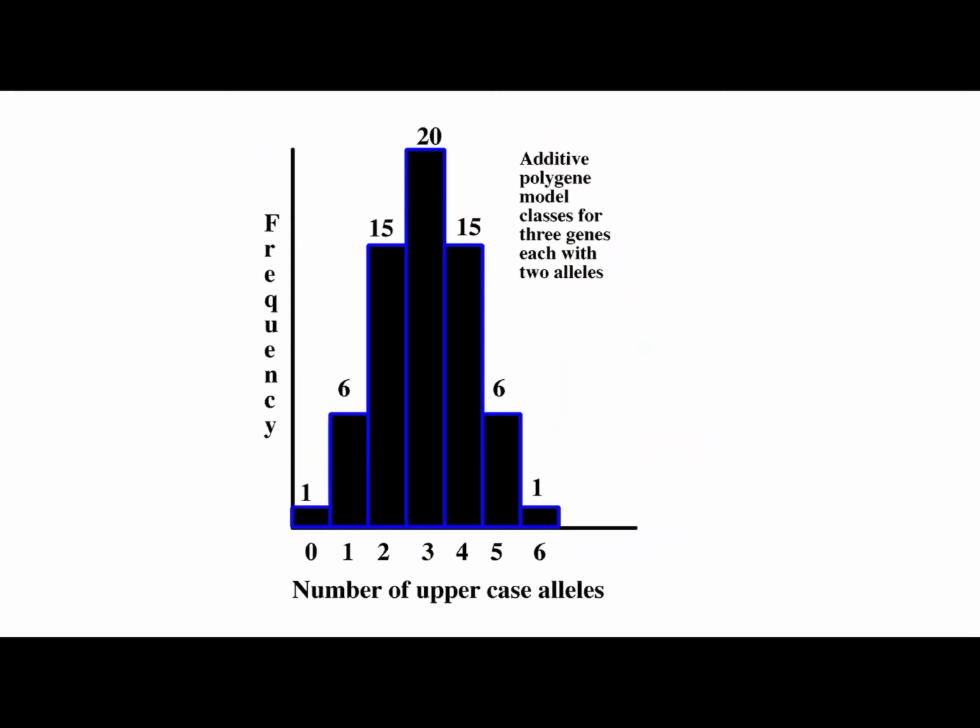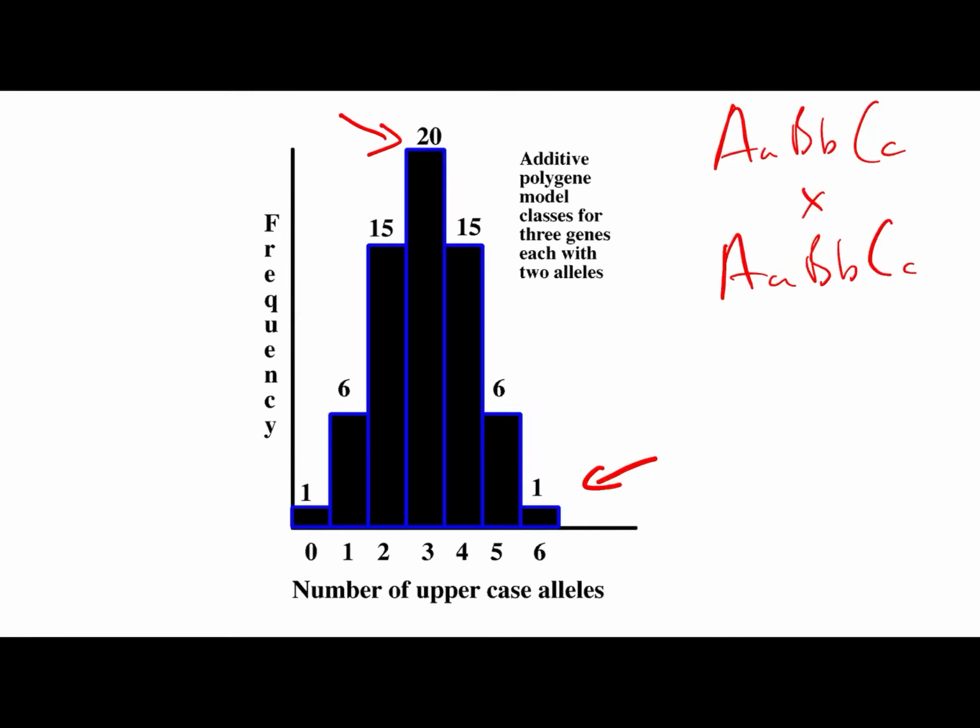And the next graph shows if we were to have 3 genes all contributing, say A, B and C, and we cross 2 heterozygous parents, you would end up with this normal distribution curve. And you can see that the more you add, the more it follows that particular pattern. And you always notice you get more individuals in the middle and far fewer at the extremes.